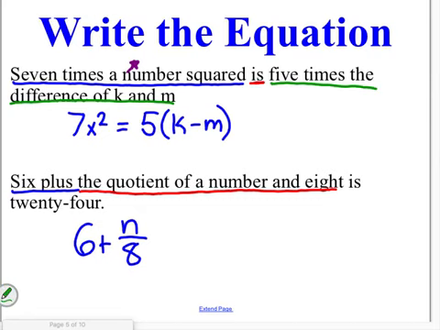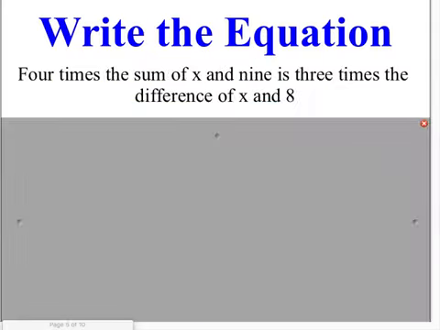Then we've got our "is," which stands for our equal sign, and 24, which tells me that the whole thing is equal to 24. So similar to what you were doing with expressions last chapter, you're going to have to read the sentence, break it down piece by piece to turn it into its numerical equivalent. Go ahead and try this problem on your own.